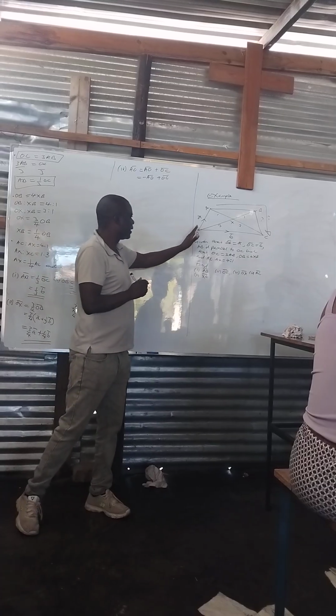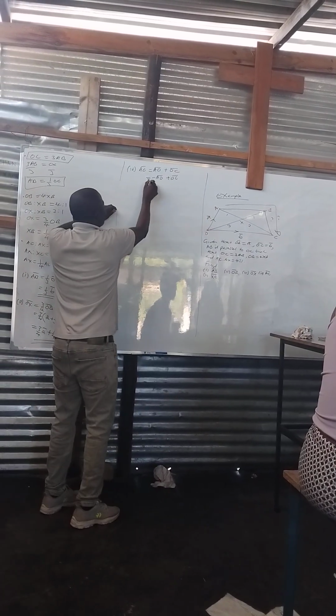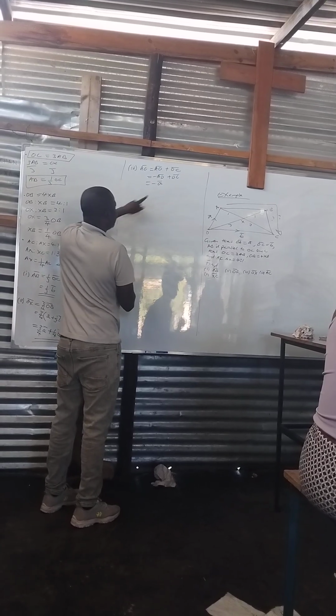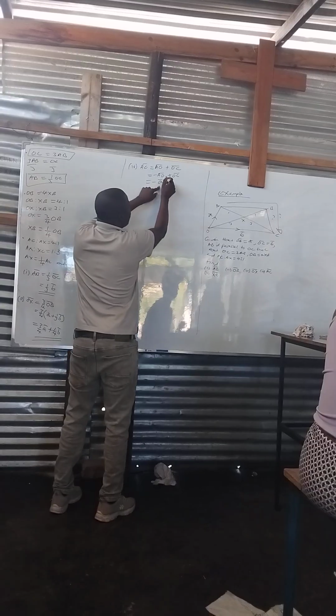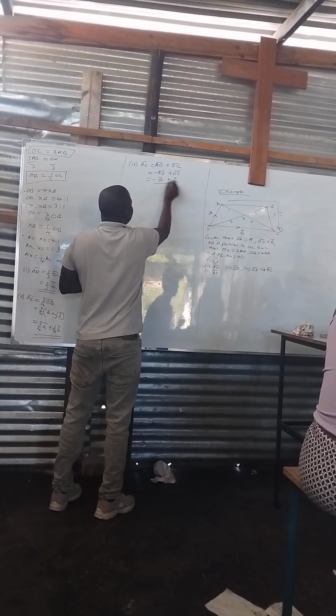What is AO? Negative A, then plus OC, which is B. That is our AC.